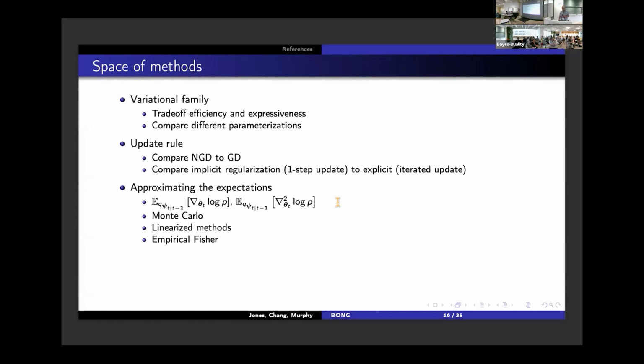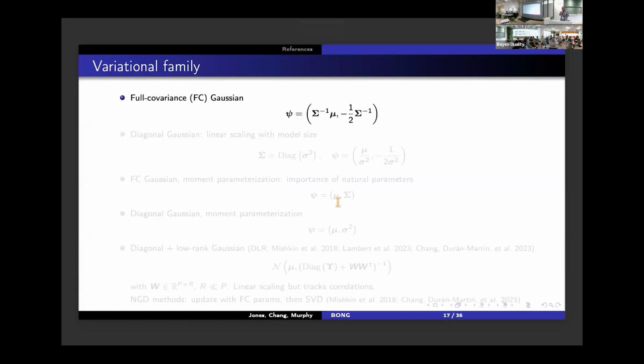All right, so let me go through this in a little more detail. As far as variational families go, we've looked at the full covariance Gaussian, and also the diagonal Gaussian, where the covariance is diagonal. The natural parameters are shown here. This scales linearly with the model size, whereas the full covariance requires quadratic space and sometimes cubic time, because in some variants you have to invert sigma, or convert between sigma inverse and sigma.